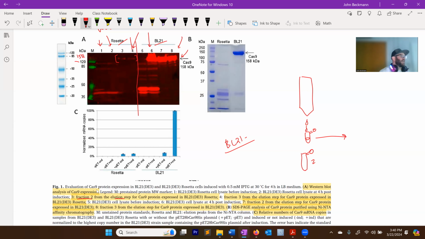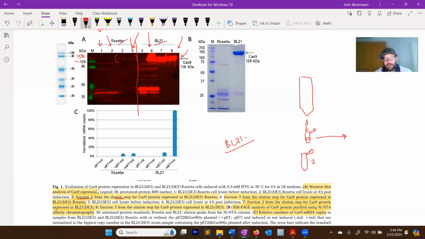So you have to add double antibiotics to maintain both the pRARE and the Cas9 plasmid. They hypothesize that that might be why they're getting less efficient expression: when you add antibiotics, you're inherently going to get a metabolic load that these bacteria have to fight against. So they think that adding that extra plasmid and that extra chloramphenicol might have reduced the amount of expression of the Cas9.